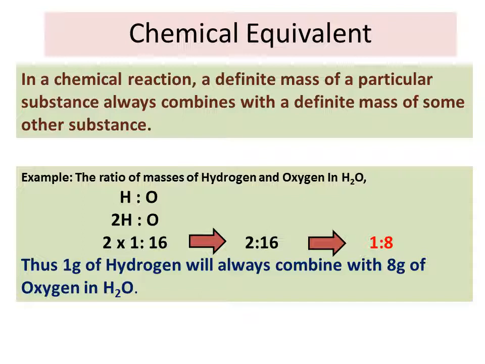So the mass of two atoms of hydrogen is 2 into 1, and 16 is the mass of one atom of oxygen. So it comes out to be 2 is to 16, and therefore that ratio finally is 1 is to 8. So 1 gram of hydrogen will always combine with 8 grams of oxygen in water, and in other compounds also.